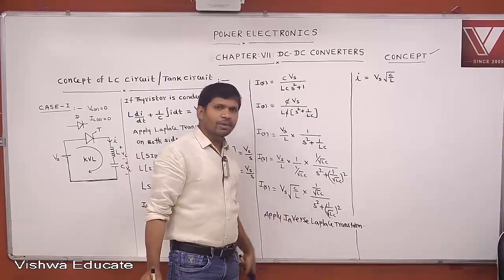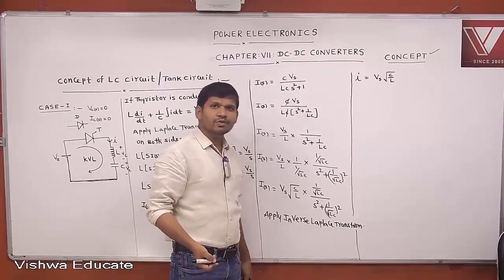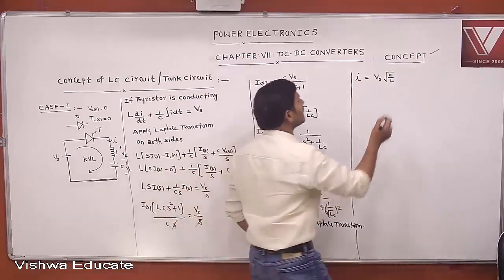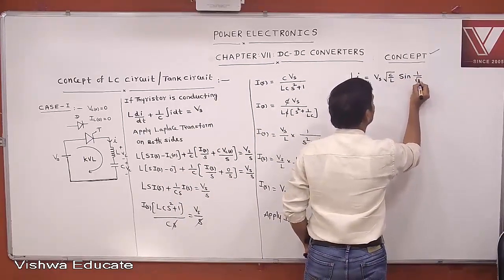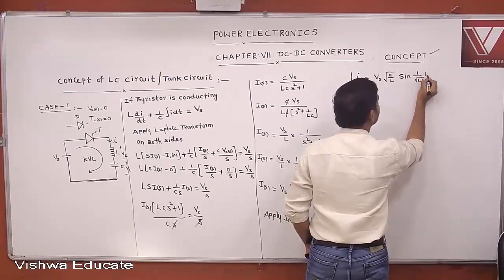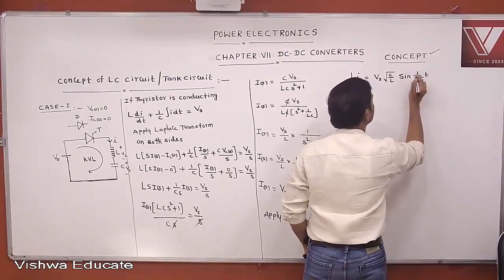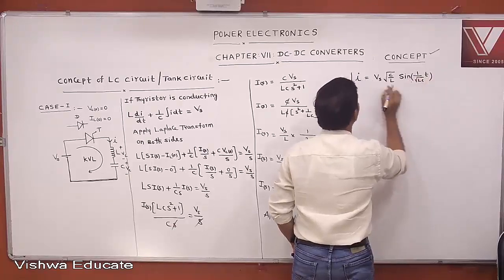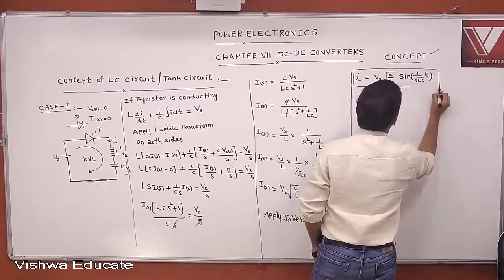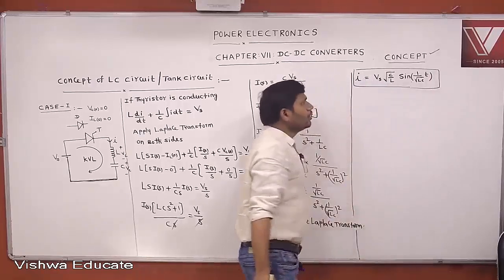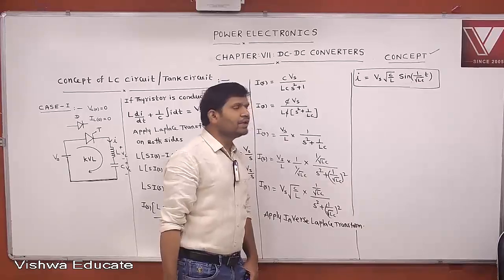The inverse Laplace transform of a by s square plus a square is sin at. That means sin of 1 by root LC into t. Okay, this we can get, the expression for current in LC circuit: I equal to Vs into square root of C by L into sin of 1 by root LC into t.